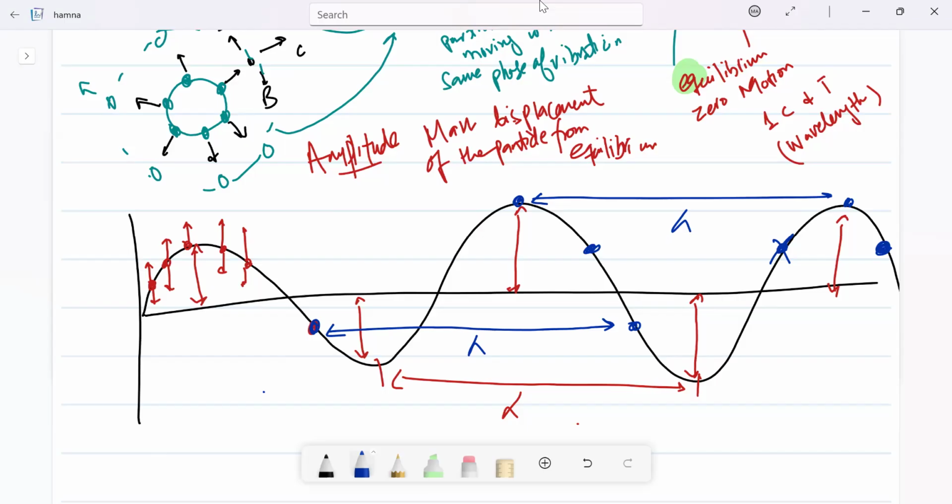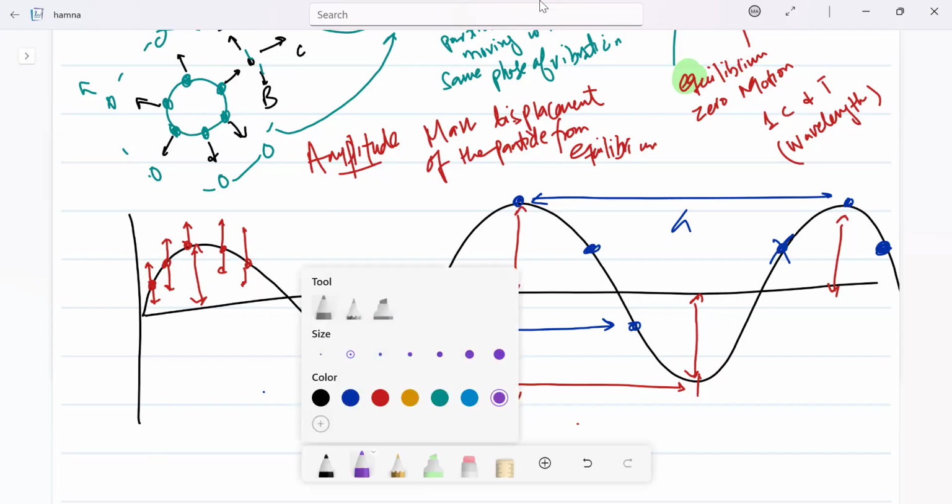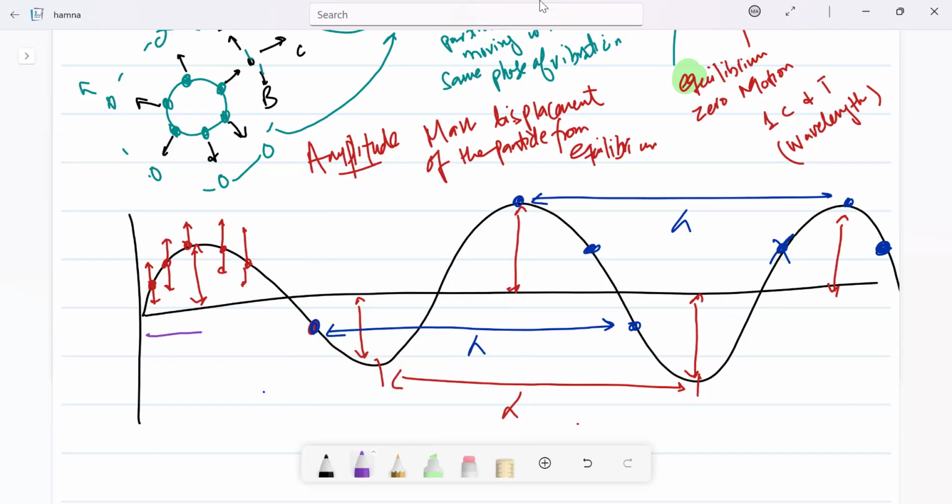So the next term that we deal with is time period. How do we define time period, Hamna? How many wave cycles in a second? No, that is frequency.